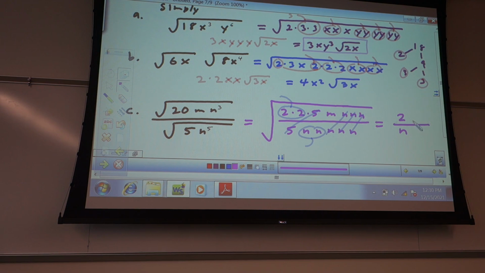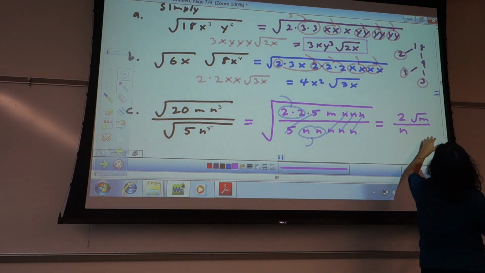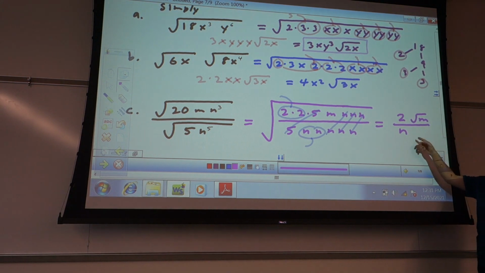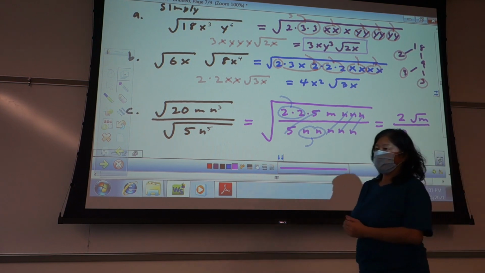And on the top I have an m. So there we go. Done. There's nothing left on the bottom, so there's no square root on the bottom. I think it's easiest to go back to the little bits and pieces on the top and on the bottom. All right, that is it.